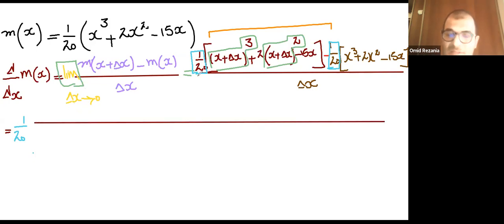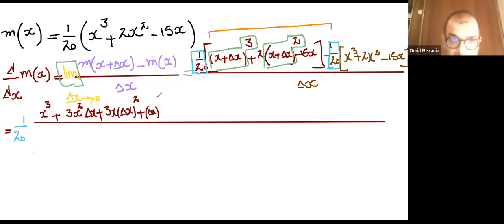First of all, I simplify this term, which is to the power 3. If I simplify that, I get the first expression: x to the power 3, plus 3 times x squared delta x, plus 3 times x delta x to the power 2, plus delta x to the power 3.